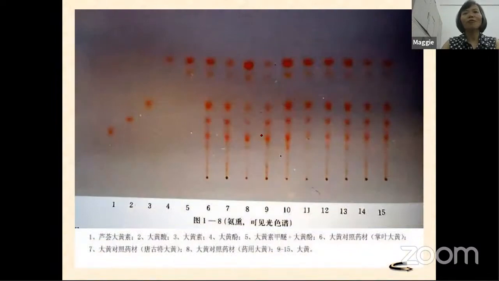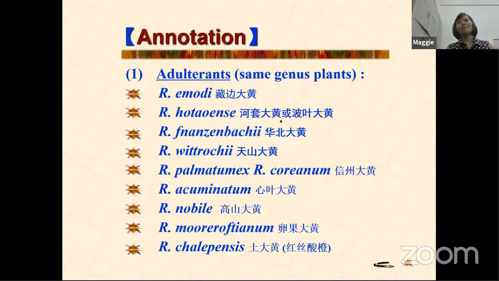TLC result. These are about chemical identification. Sometimes some adulterants are misused.